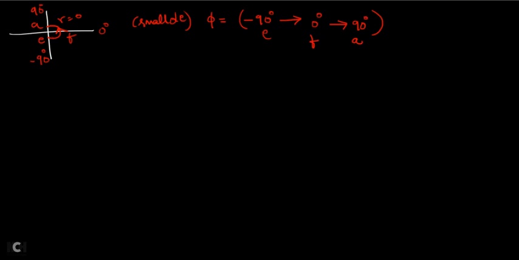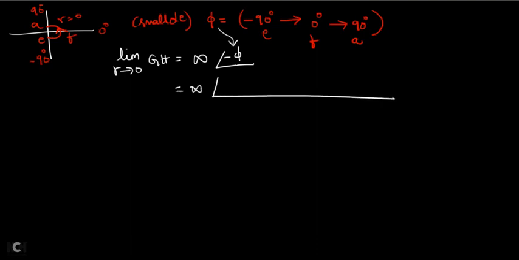Now what is the equation you got after deriving limit r tends to 0, capital G into H? What is that you got? You got infinity at angle minus phi. If phi is minus 90, substitute this phi value here. Now what happens? Infinity at an angle.